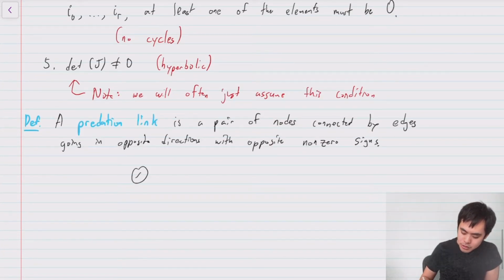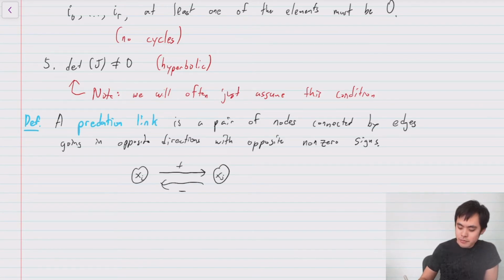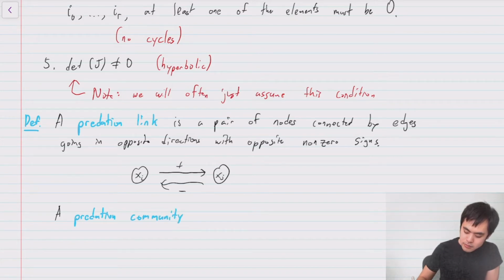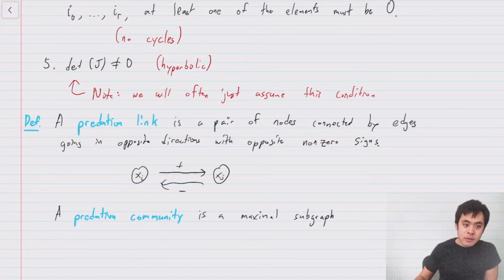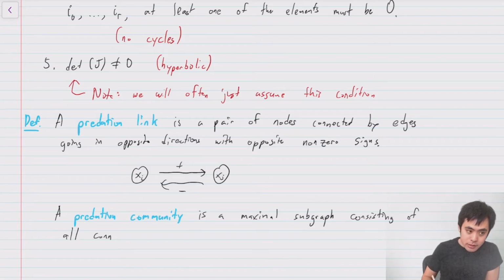Okay, what do I mean by that? So if we have xi and we have xj, then there's a predation link if you have a plus in one direction and a minus in the other direction. And a predation community is a maximal subgraph, by maximal we mean that it can get no bigger, consisting of all connected predation links.